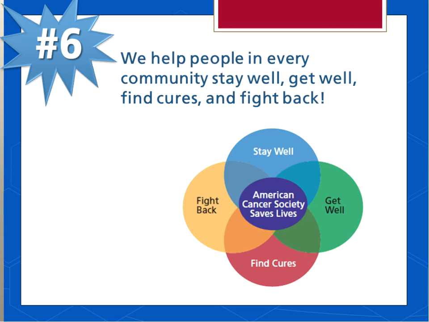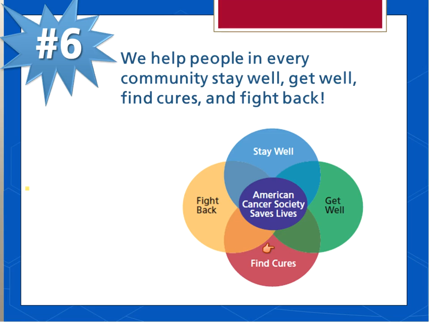So an example in each of these areas, if we look at stay well, we can look at the fact that we help people take steps to prevent cancer or detect it at its earliest, most treatable stage. Get well. We support patients, caregivers, survivors around the clock to guide them through a cancer experience.